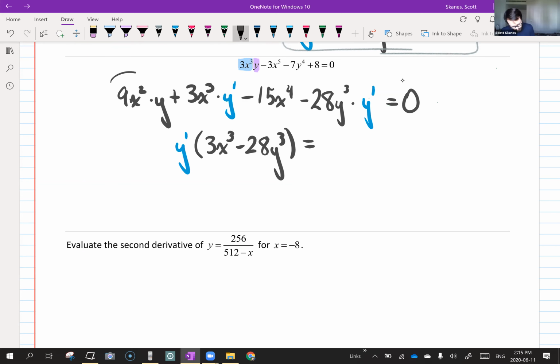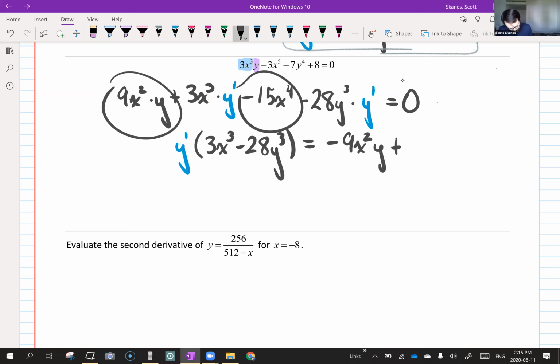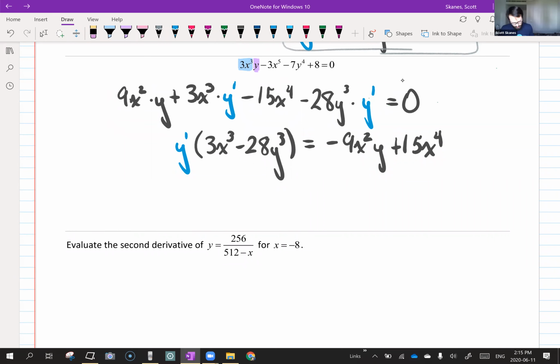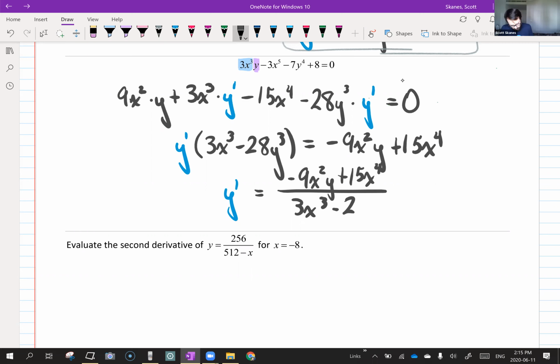That all equals, this and this are on the other side now. They're both negative. And then I just divide the entire right side by my brackets. That cancels it on the left side and brings it to the right side.